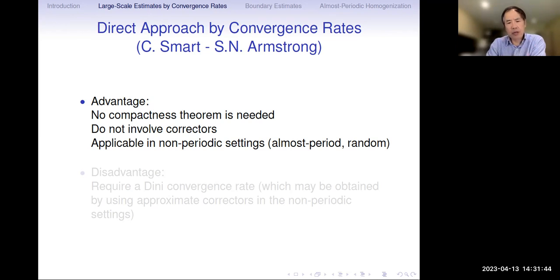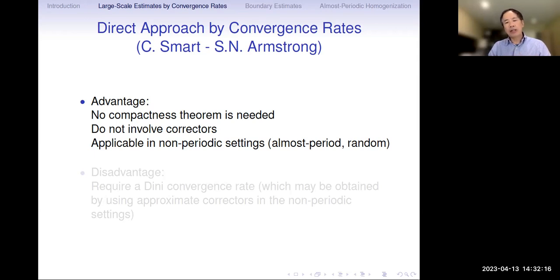And if you recall, in the argument we used last time by compactness, we have to involve the corrector. There are two steps, actually. In the first step, you use compactness to gain a small step. In the second step, you iterate the gain you obtained in the first step.